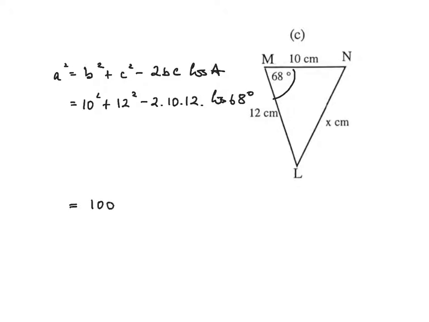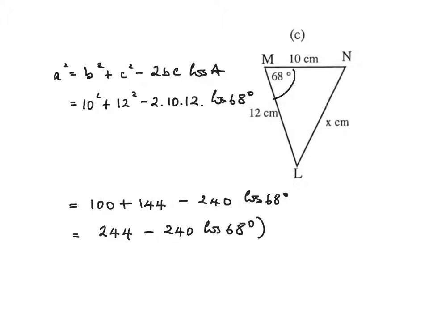So that's 100 plus 144, that's 244, minus 240 cos of 68. Now remember, this all goes into the calculator together. Gives 154.094, and if we take the square root of that, we get 12.4.